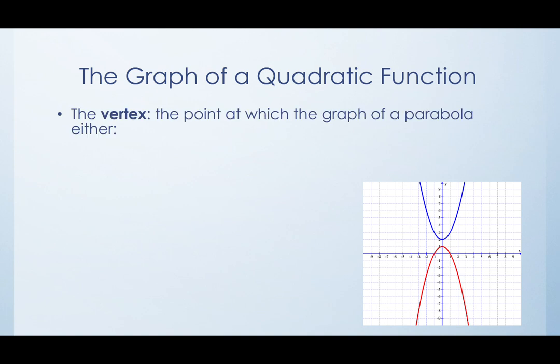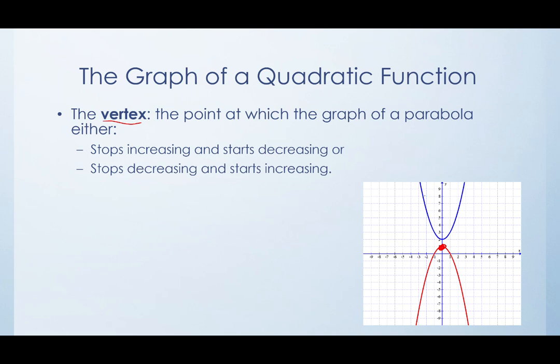So hopefully you guys remember the vertex, right? That is the point at which the graph of the parabola either stops increasing and starts decreasing, right? So that would be this point on this parabola right here, or vice versa, stops decreasing and starts increasing. So you can see each one of these two parabolas has a vertex, okay?